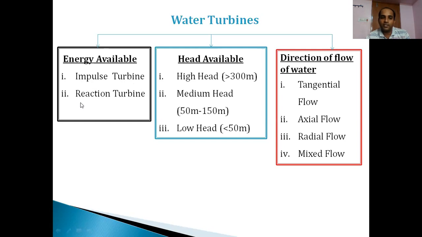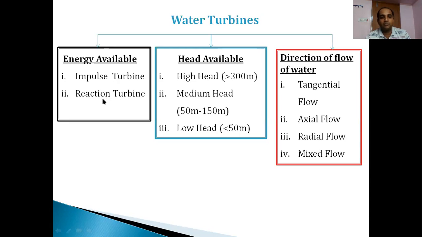Whereas there are some other turbines where, along with kinetic energy, that is part of the kinetic energy and a part of pressure energy, is used to develop useful mechanical work. We call those turbines reaction turbines. It is based mainly on Newton's third law of motion, which you have already learned: for every action there is an equal and opposite reaction.